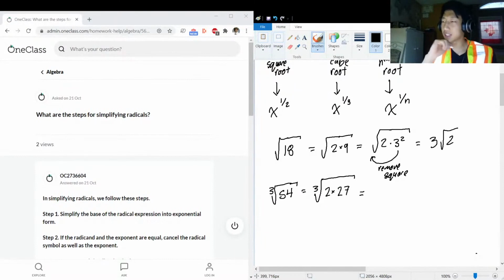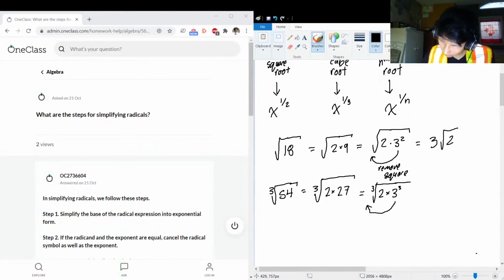Now, is anything inside of there cubed? 27 seems like a cubey number. So what's 3 times 3? 9. 9 times 3? 27. Whoa! It's almost as if 27 is 3 to the power of 3. So it's 2 times 3 to the power of 3.